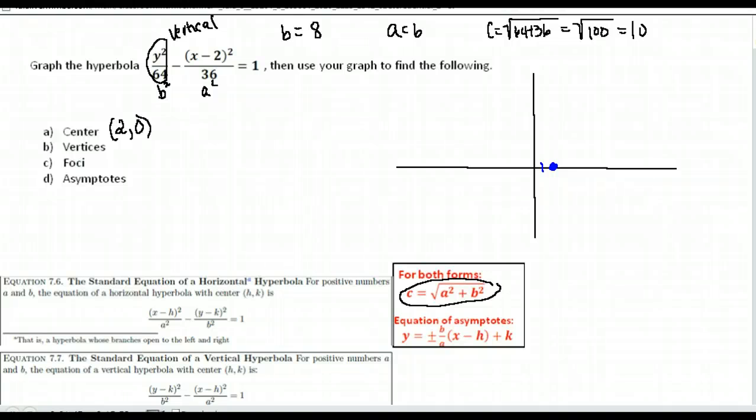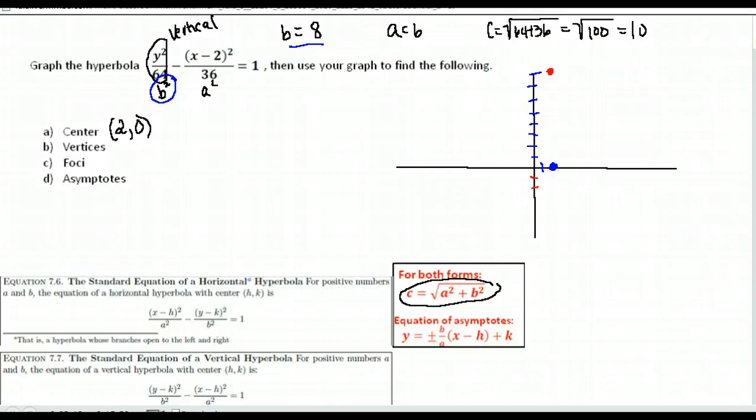Okay? I also know that this is a vertical hyperbola, so it should be going up and down. So to put each vertex on, I'm going to use my b value. I'm going to go up 8 from the center. Put my vertex.